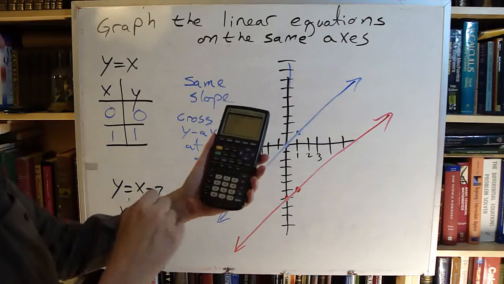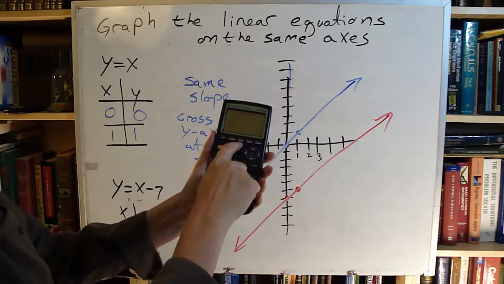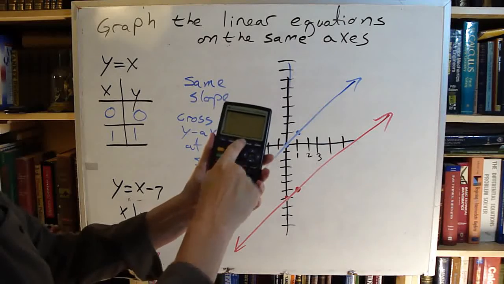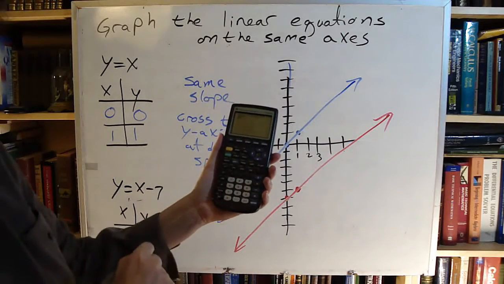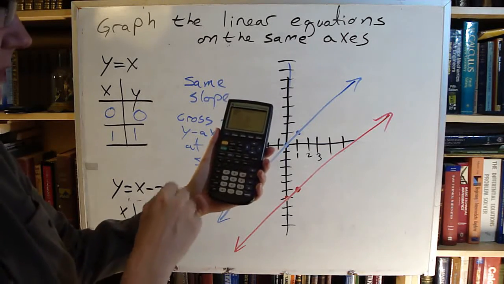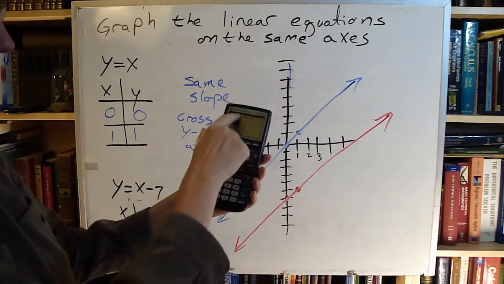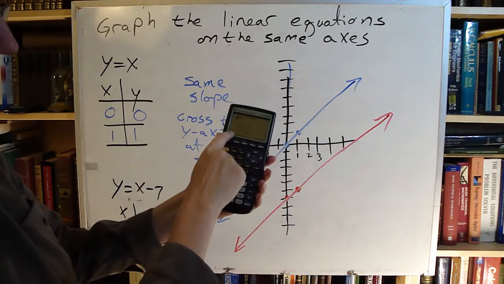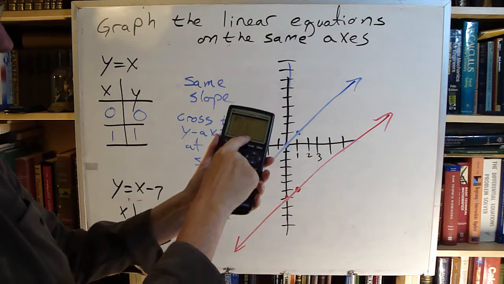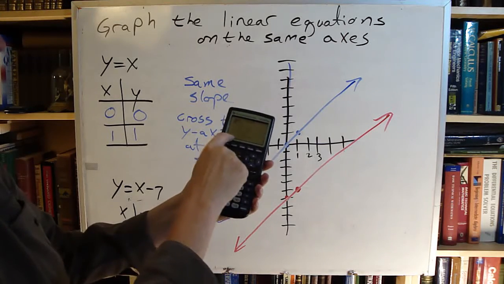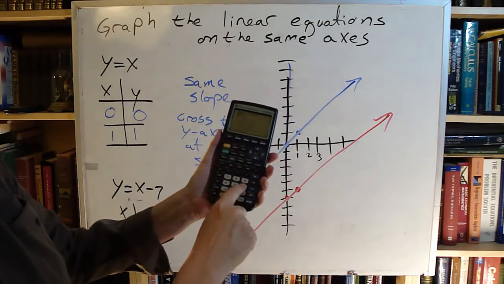Now I find my zoom button, Z-O-O-M, right there. Press that. I want the standard zoom. Looking through my options, option number 6 is ZStandard. So I'm pressing 6.